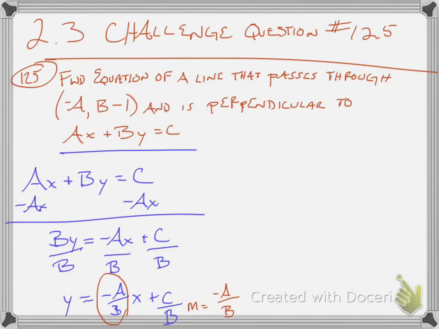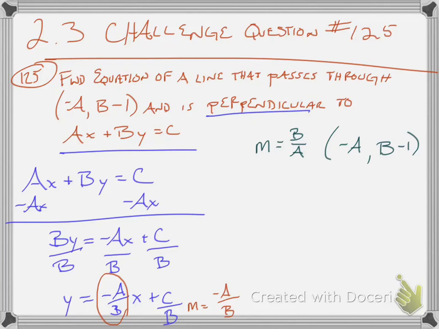But the line that I'm writing is perpendicular to that line. So in order to find the slope for my line, I'm going to do the opposite reciprocal, so it's positive b over a. And I'm using the point (negative a, b minus 1).